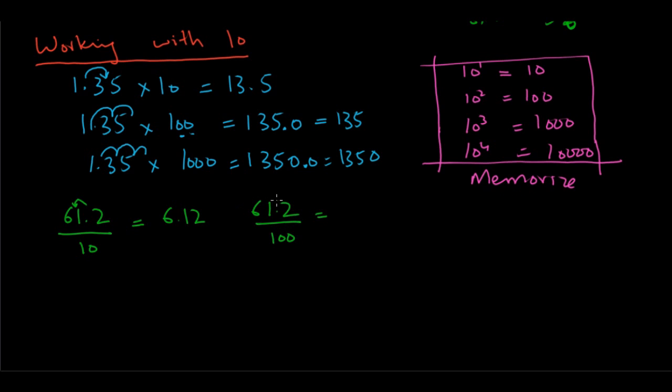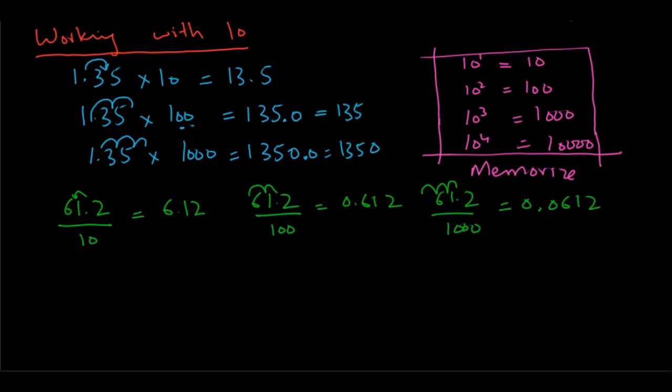Now you move 2 places to the left. So you get 0.612. Let's divide by 1000. Well, you move 3 places. 1, 2, and again you have no digits, so you'll just put a 0 there. You'll end up with 0.0612. Cool. Not too hard, right?